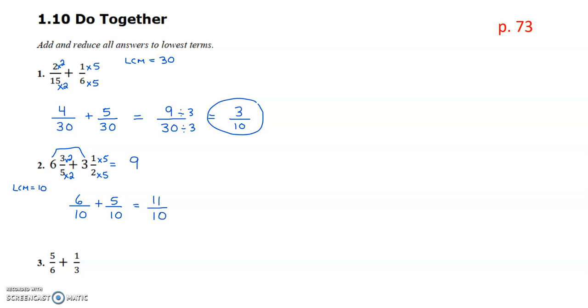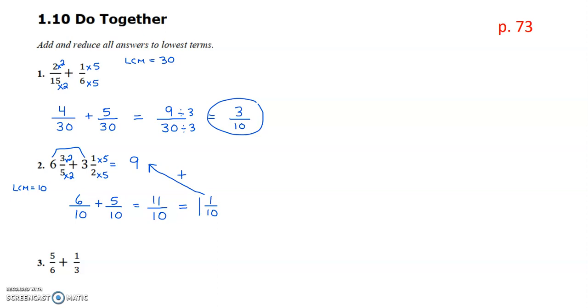So now I have an improper fraction. So what I want to do is change this improper fraction to a mixed number. So I'm going to divide up. 10 goes into 11 once, with 1 left over out of 10. Now don't forget, you have that 9 over there, the result of adding 6 plus 3.